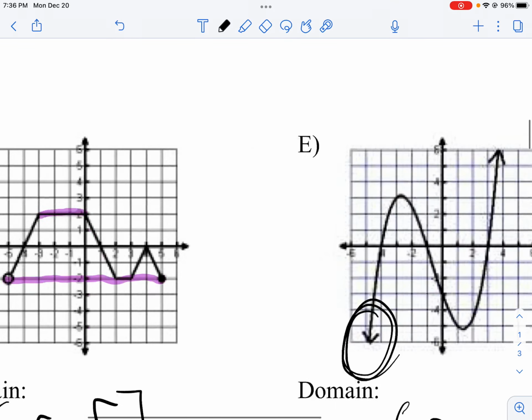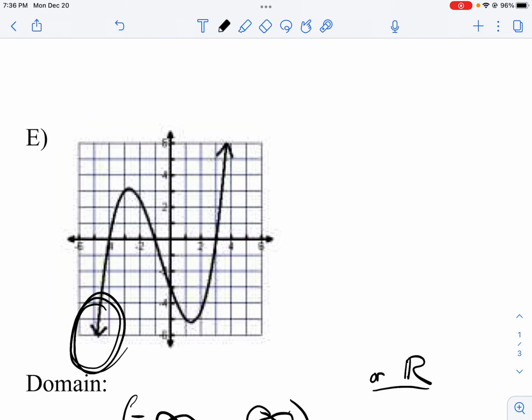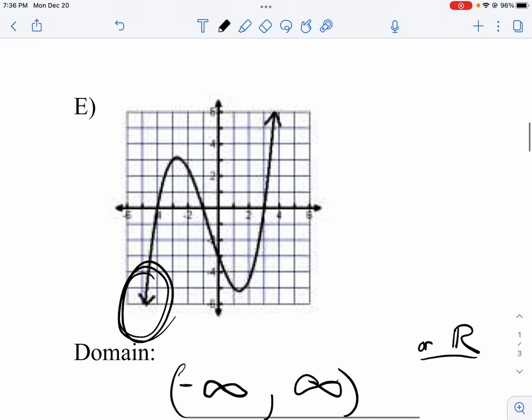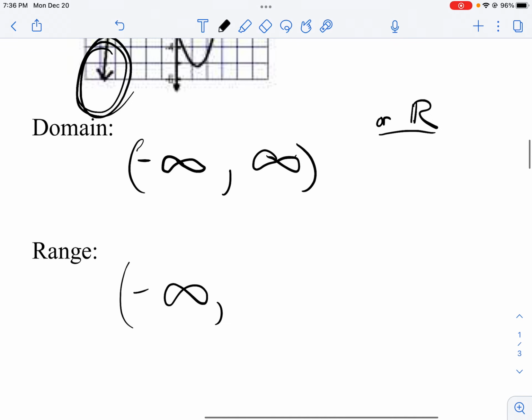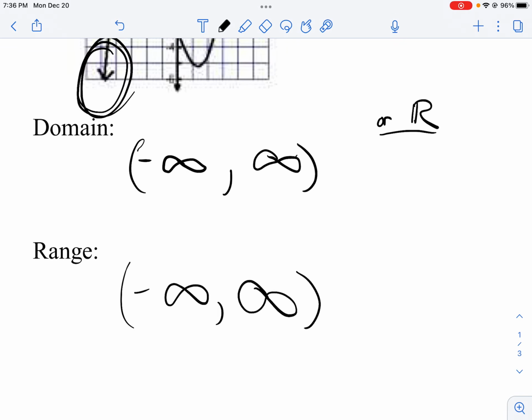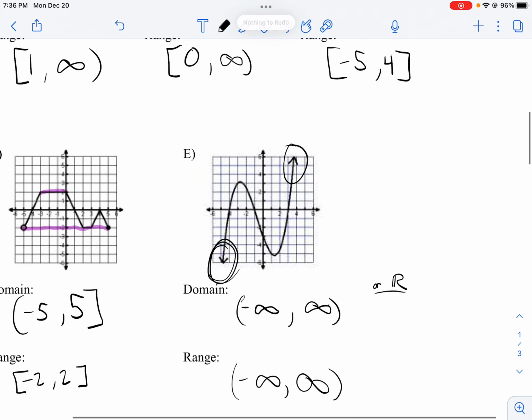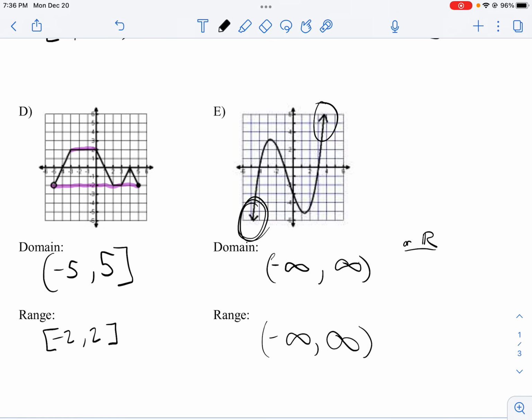Range is for all values ever. And on the other side, we'll see that same arrow, meaning it's going to positive infinity. So your range is going to be negative infinity to positive infinity, or you can say all real numbers. But for your homework, you are going to be writing in interval notation, so you will just put negative infinity to infinity on those ones.